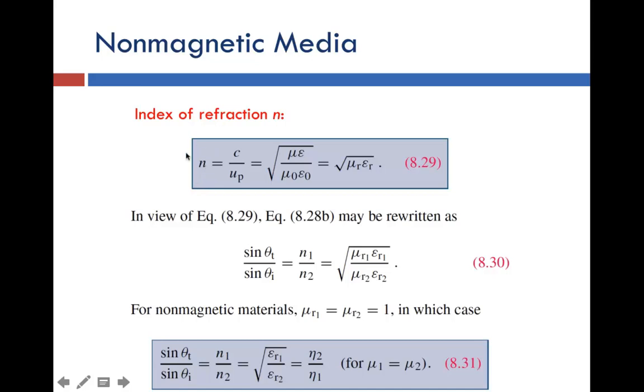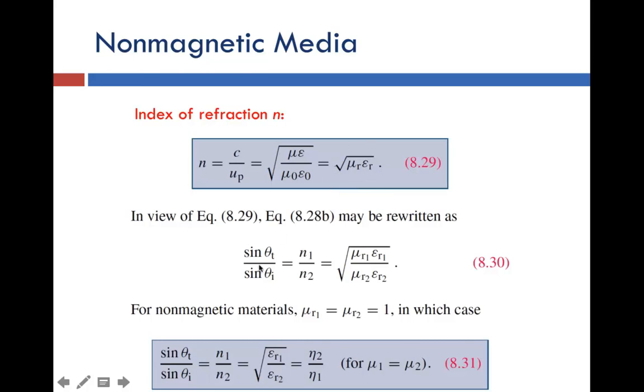Now, the index of refraction n, which is commonly used in optics, is basically defined as the speed of light over the phase velocity, which is the square root of mu epsilon over mu naught epsilon naught. And so the index of refraction is the square root of mu relative epsilon relative.